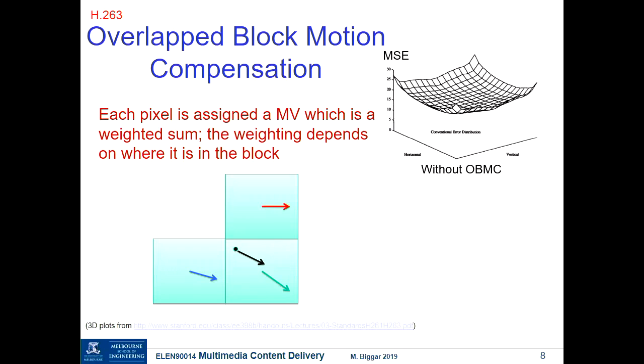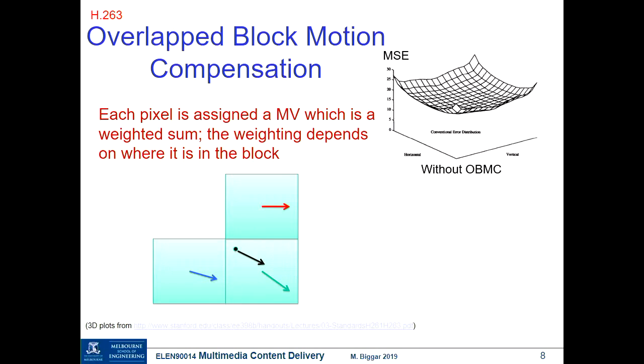So again, the logic is that if we only use that single motion vector to represent all of these pixels, it ignores the fact that these pixels up here probably have more to do with this block and this block than the pixels that were mainly used to determine this motion vector.